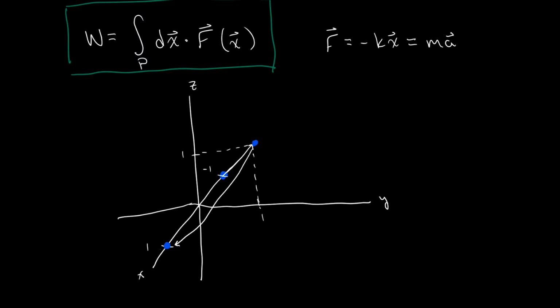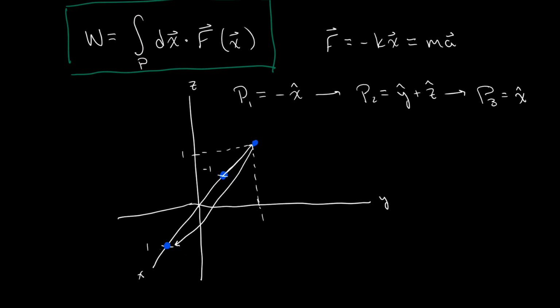So we'll say that the initial point that it starts at, we'll call it P1, is equal to minus x hat. And then it goes to some point P2, which is going to be y hat plus z hat, which then goes to P3, which is just going to be x hat again.